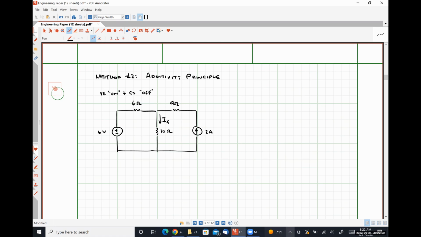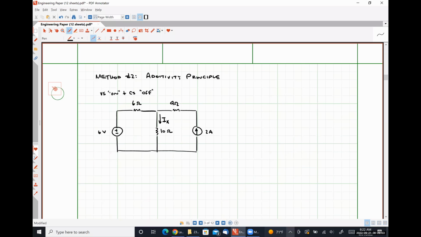So if I turn a current source off, how much current is that current source supplying? Not a trick question. 0, okay? So what I'm going to do here is replace my current source with an element, in air quotes, that will make sure that exactly no current flows through that rightmost branch where the current source is.